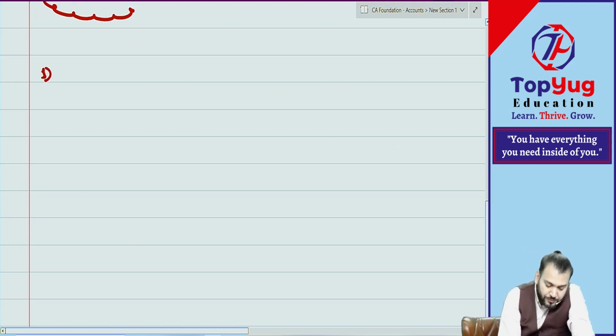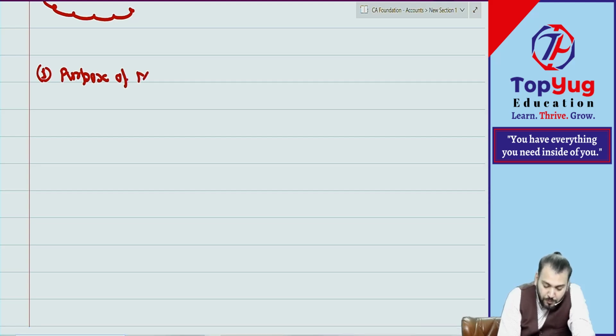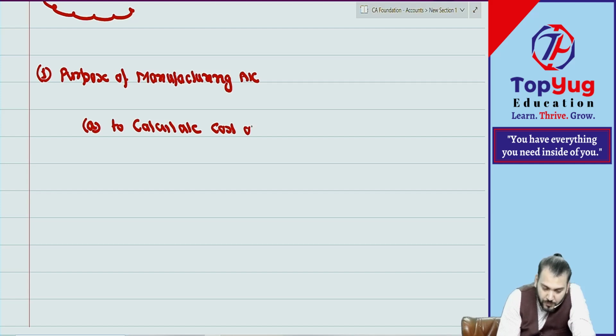What is the purpose? Point number one, write down. What is the purpose of the manufacturing account? Point A, to calculate the cost of manufacturing.